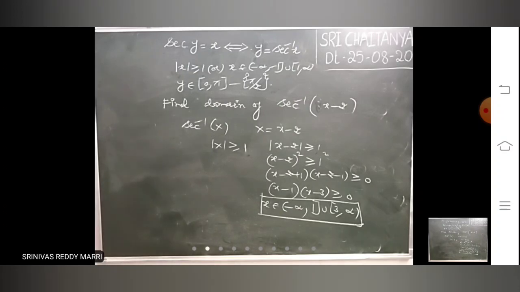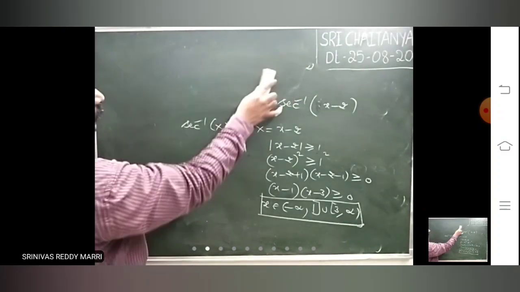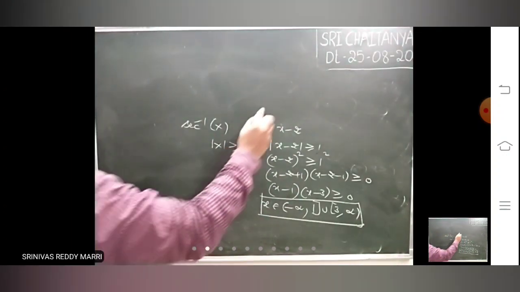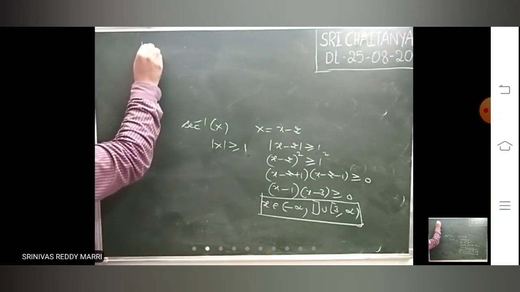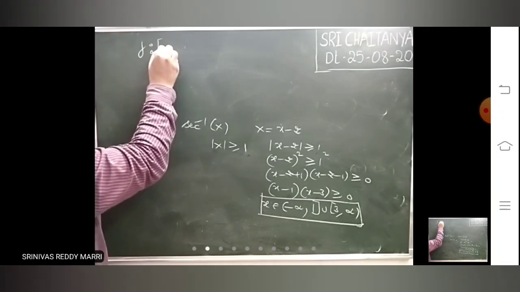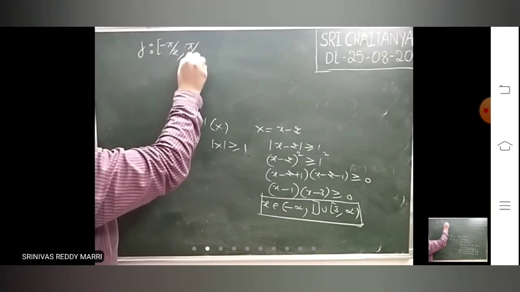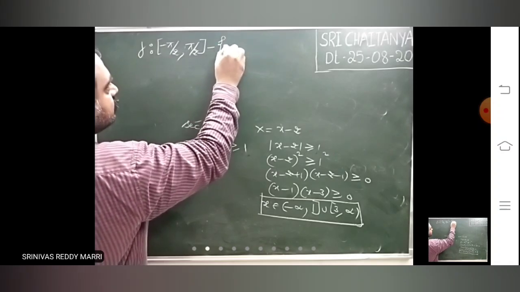Look at next, the last one, the cosecant inverse function. Suppose I am defining a function like this: minus pi by 2 comma pi by 2 minus 0.